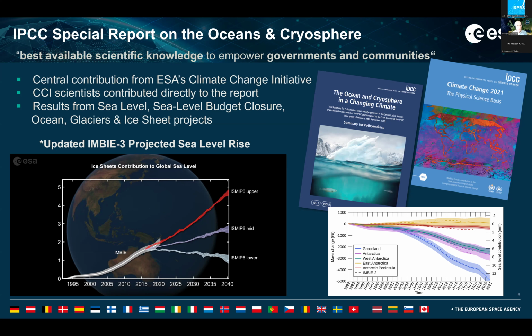And many of the results which were published in the last special report on the oceans and cryosphere, as part of the last 6th assessment report published in 2019, comprised data which came from some of our essential climate variables describing changes and the rate of change in the cryosphere.